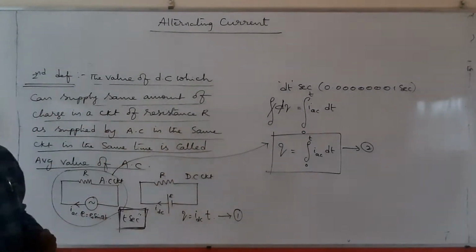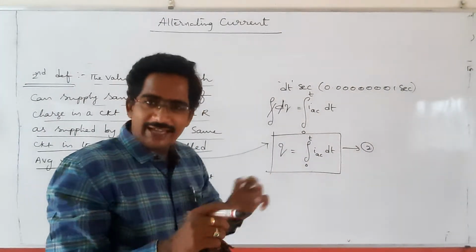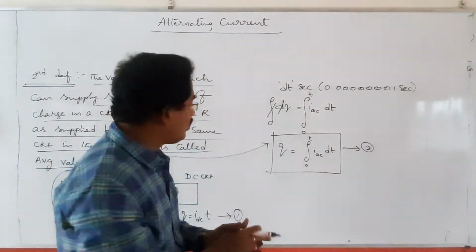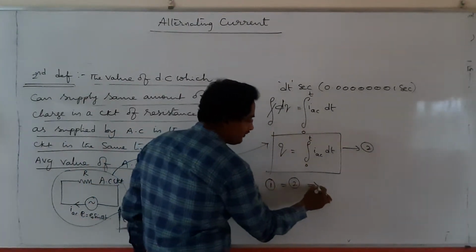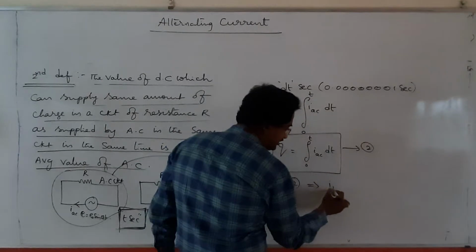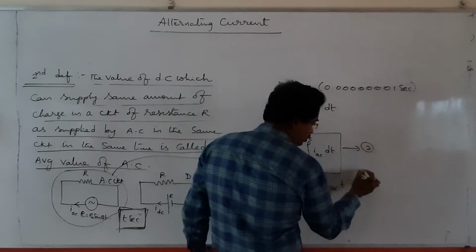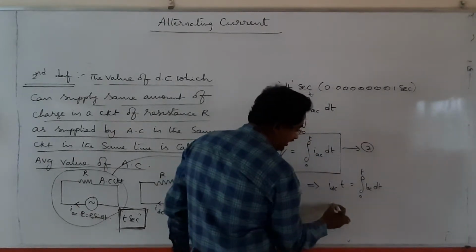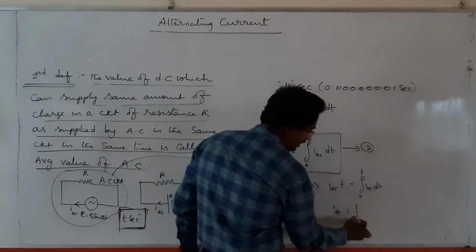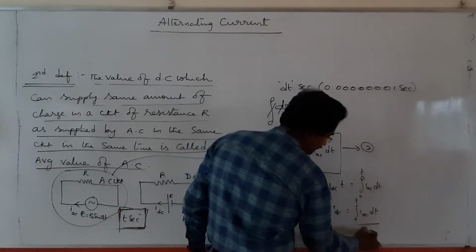So the charge flown in the two circuits is the same. Equating 1 and 2, IDC into T equal to integral 0 to T IAC dt, so IDC is integral 0 to T IAC dt by T.